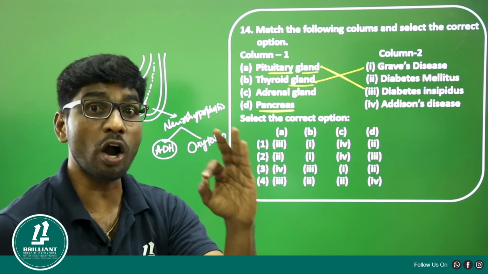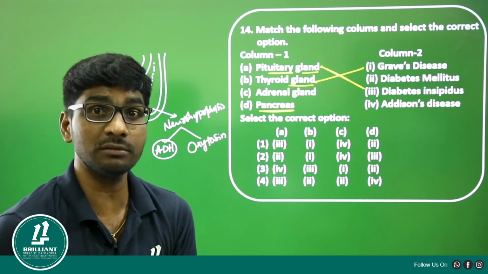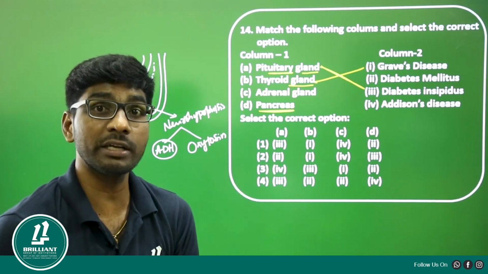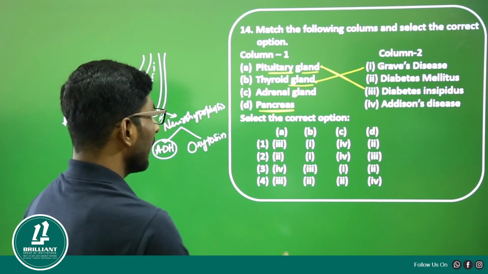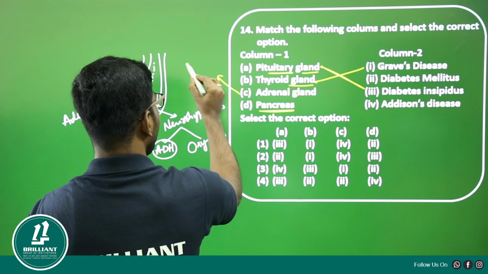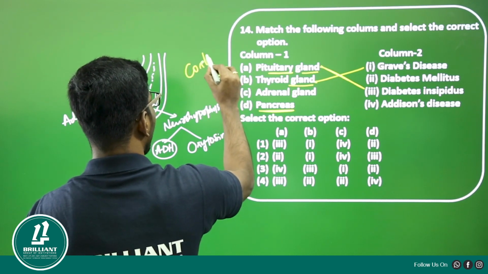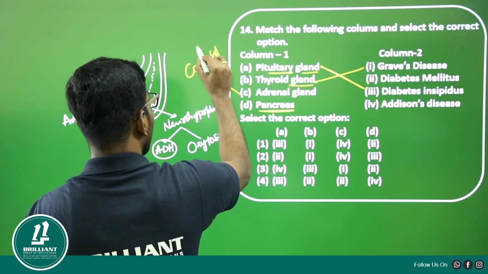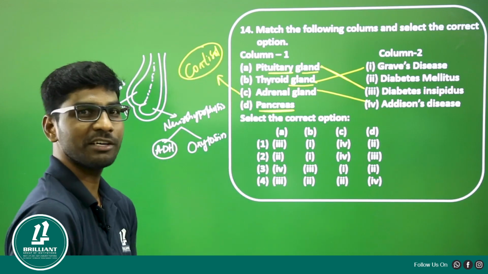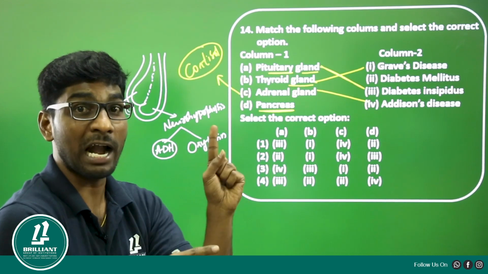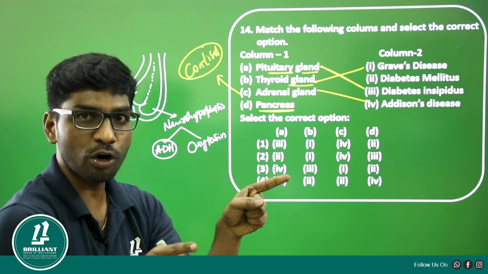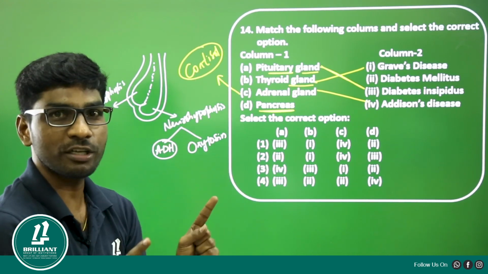Next, adrenal gland. The adrenal gland cortex secretes one glucocorticoid hormone called cortisol. Do you remember this one? This is from the adrenal gland. What is that hormone? Cortisol hormone. Its deficiency can lead to Addison disease. Mineralocorticoid, which we call aldosterone. Glucocorticoid, which we call cortisol.